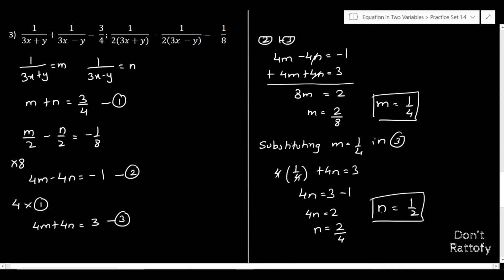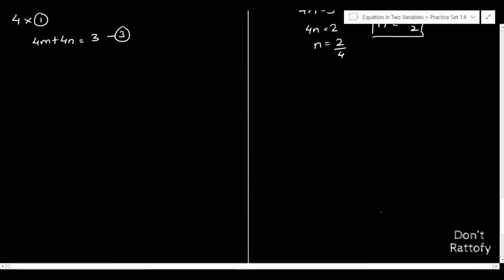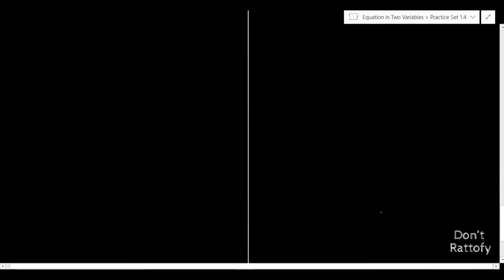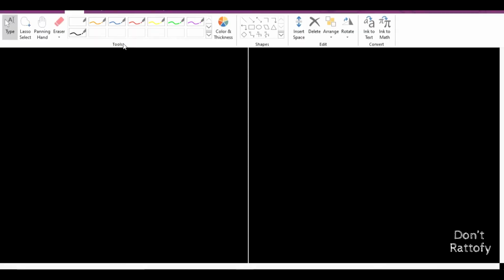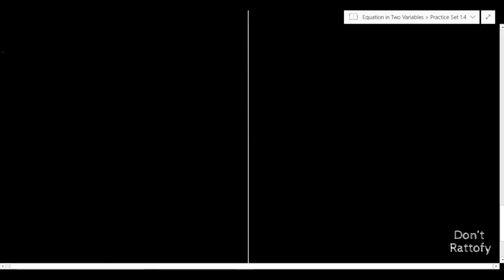Okay. When I resubstitute the value of m and n, now remember I have taken m as 1 upon 3x plus y and I have taken n as 1 upon 3x minus y. Resubstituting, we'll get m is equal to 1 upon 3x plus y, right?